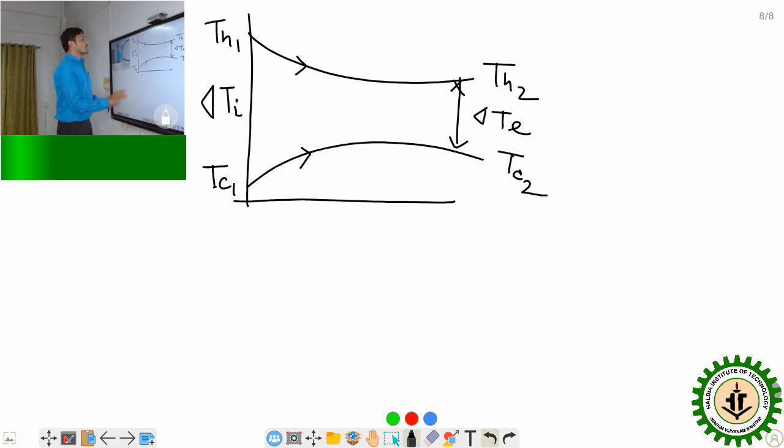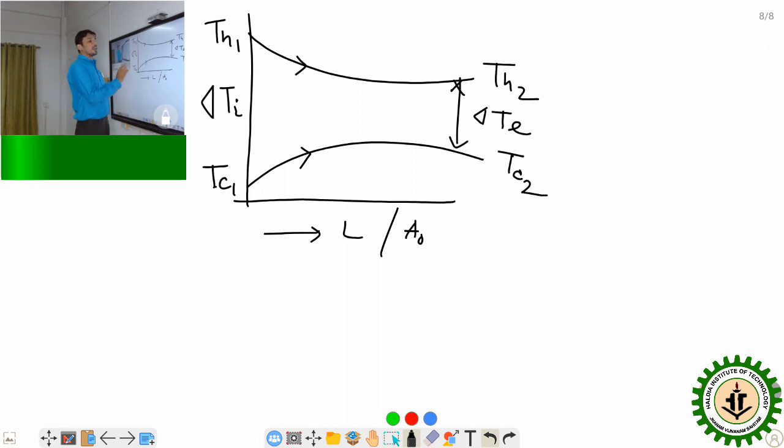So this is the temperature profile. Here this is temperature along the Y direction, and this is the length, or sometimes X, or area A0. A0 means the outer area of the inside tube or pipe.